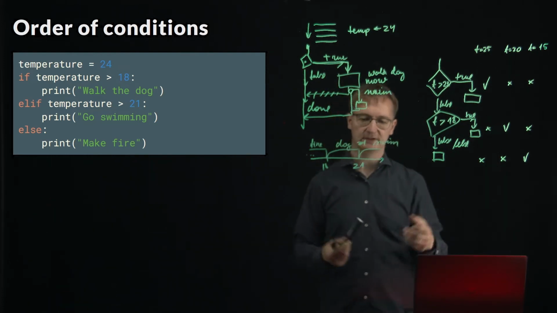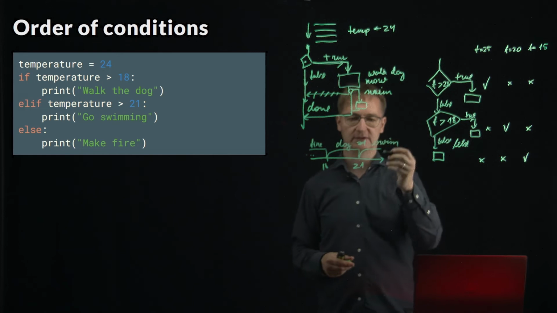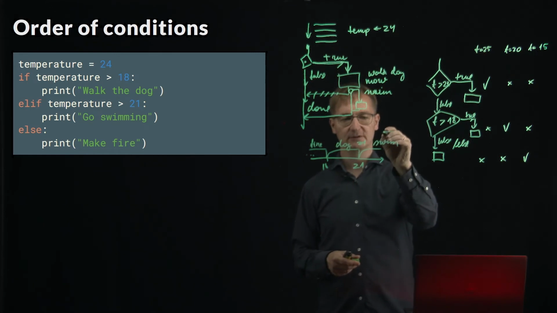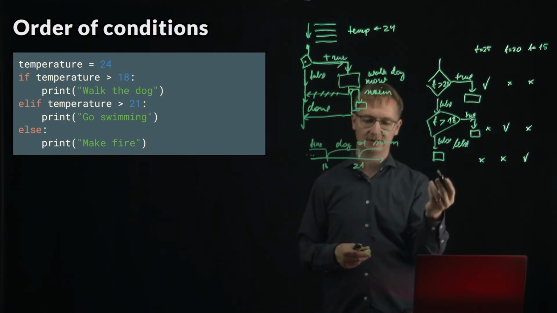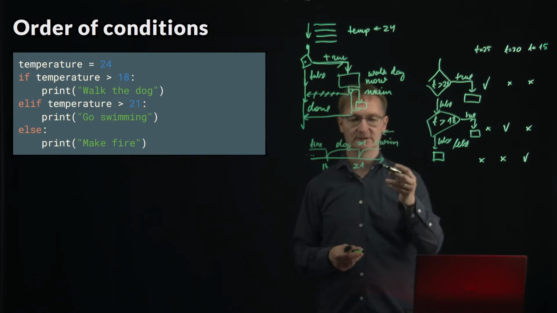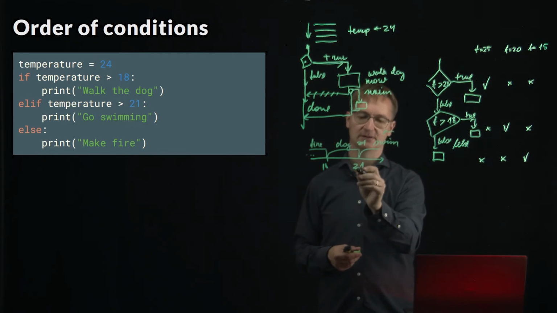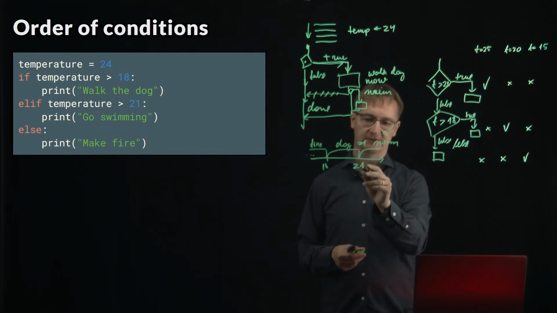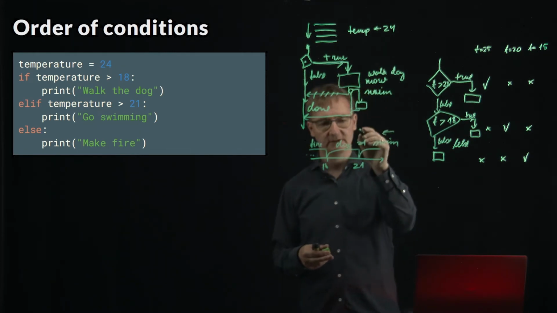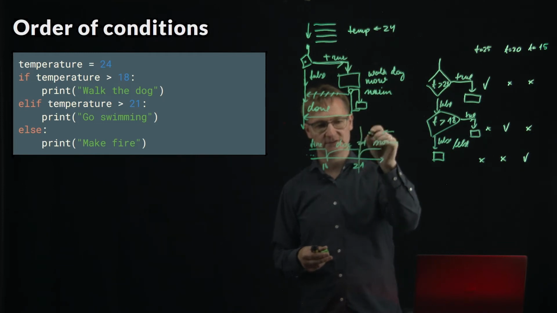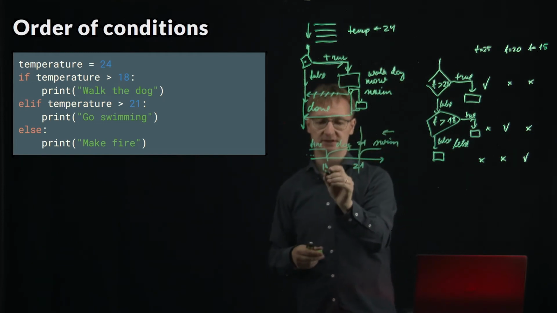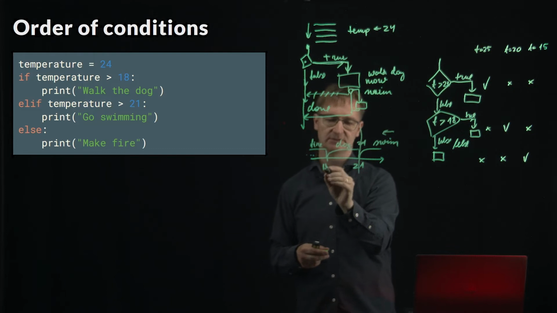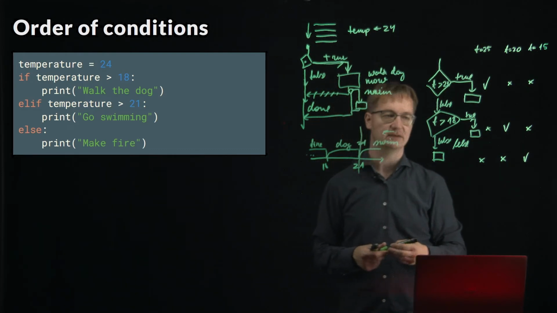And now we probably would like to order them from, let's say, higher to lower. So here we can first check whether it's above 21. Then if it's not above 21, then we already know that this part is not true. And then we can only check whether the temperature is above 18.